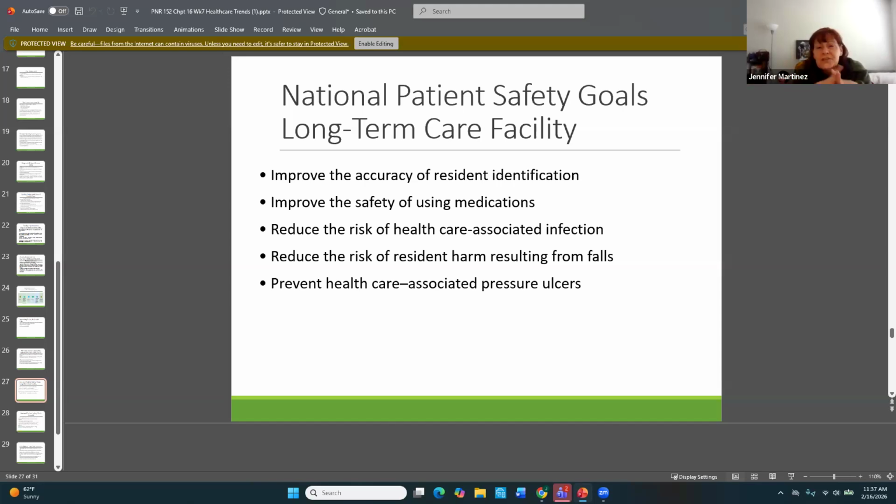So sometimes we have to have an effective way of identifying our residents. We're still reducing the risk of healthcare associated infection. That's why I talked about the enhanced barrier, reducing the risk of harm from falls, preventing pressure ulcers.